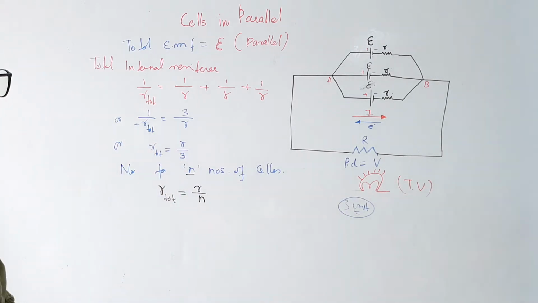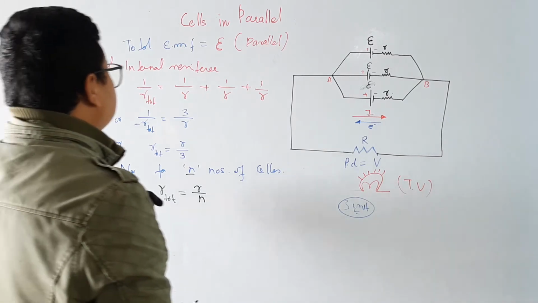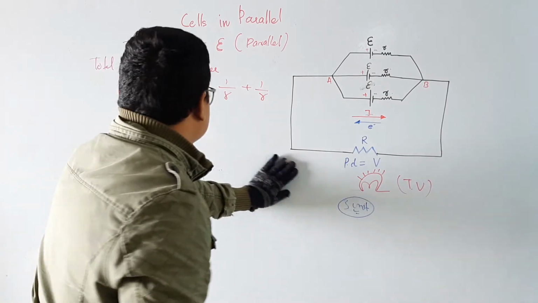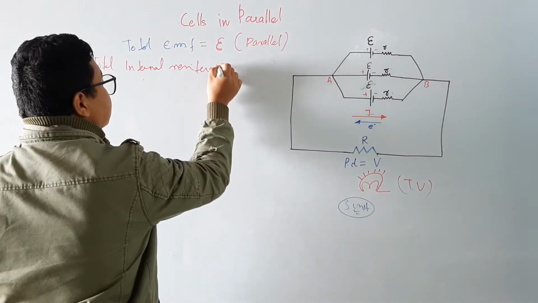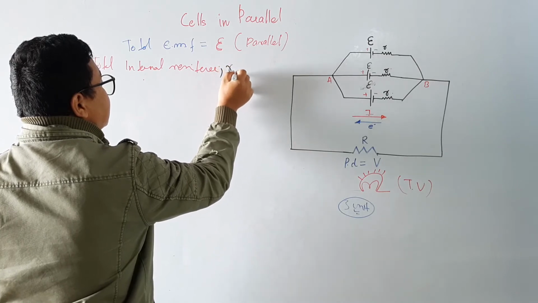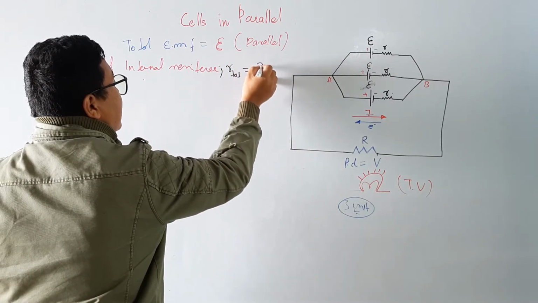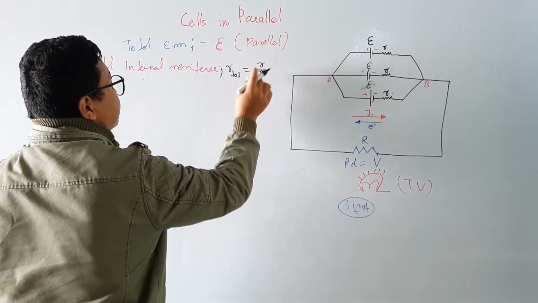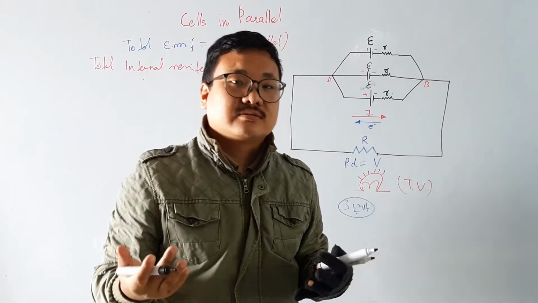So the total internal resistance we got, R total, is equal to R divided by n, and this is for n number of cells.